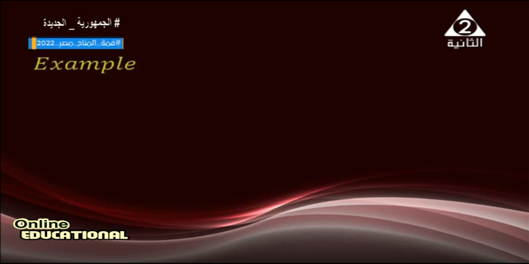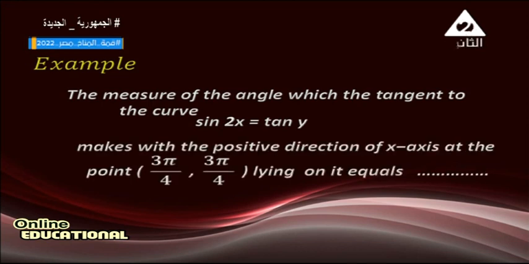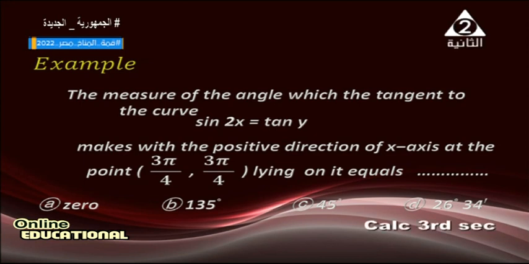Another example: the measure of the angle which is a tangent to the curve sine 2x equals tan y makes with the positive direction of x-axis at the point (3 pi over 4, 3 pi over 4) lying on it equals theta.